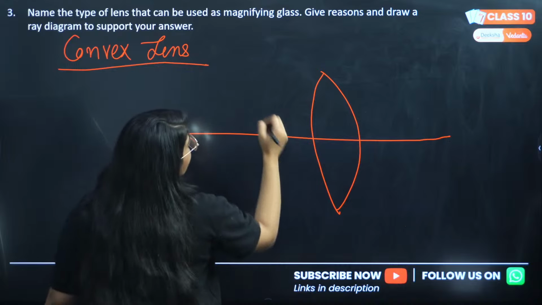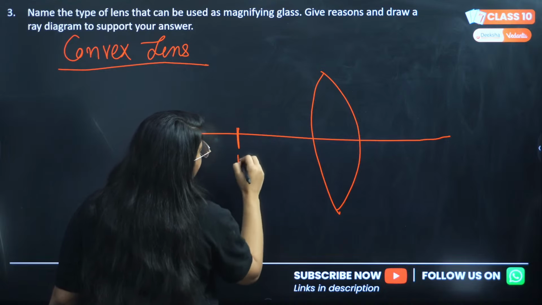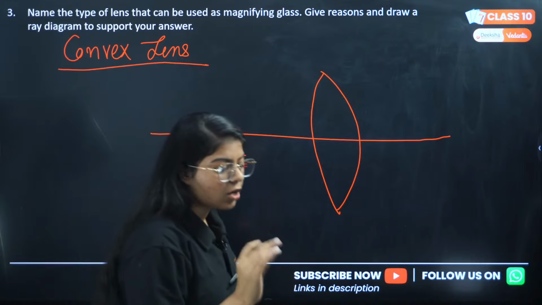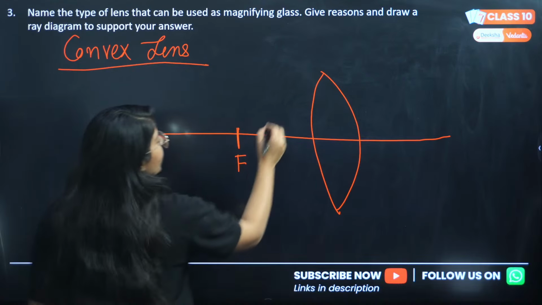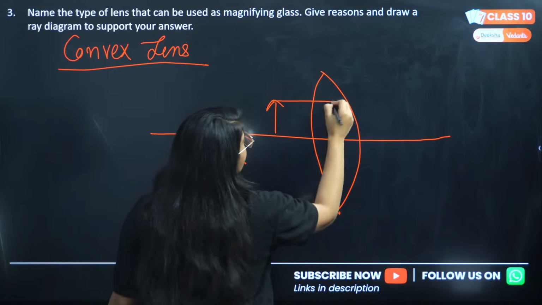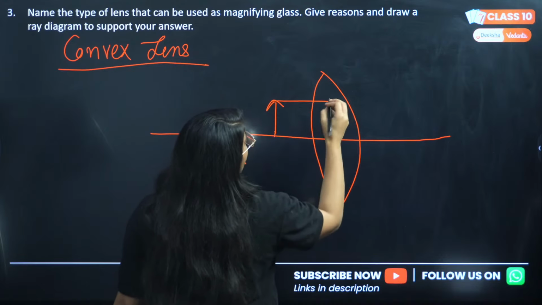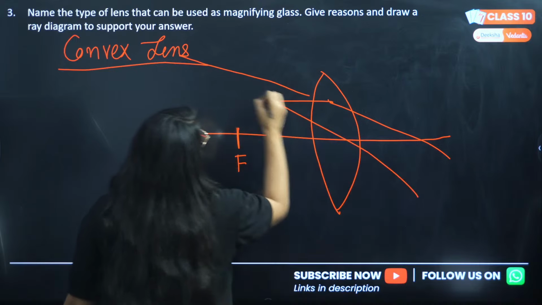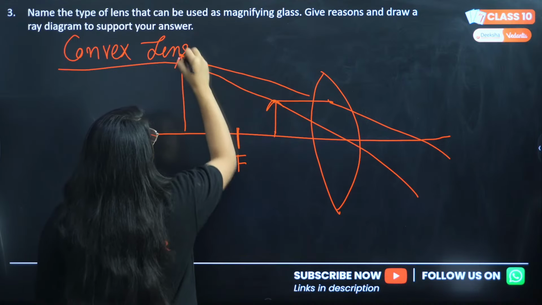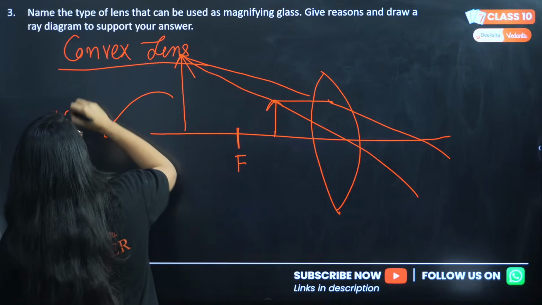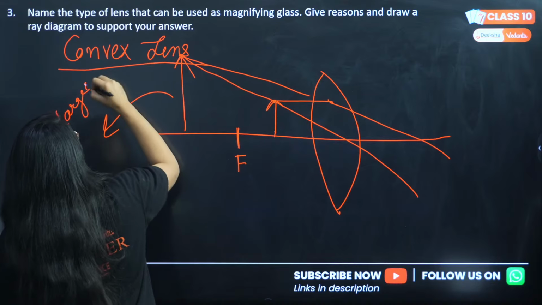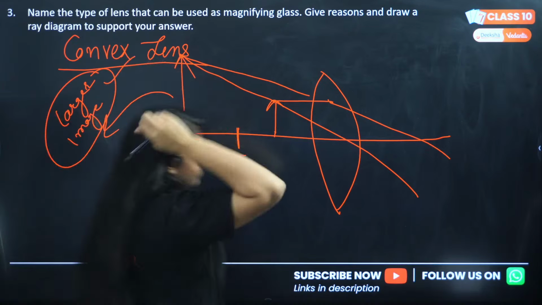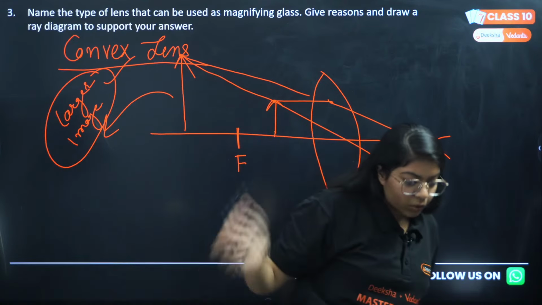When we use a magnifying glass, we tend to place our object very near. So if you place the object between the pole and focus, you will get an image something like this, and this will be your larger image. Correct? Let's move on to the next question.